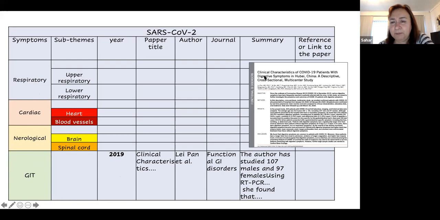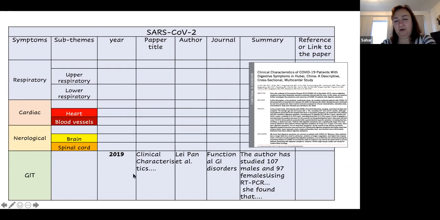For example, this paper that I put on the site, one of the downloadable ones: clinical characteristics of COVID-19 patients with digestive symptoms in Hubei, China, a descriptive cross-sectional multi-center study. So I get that paper, and that should go into the GIT.